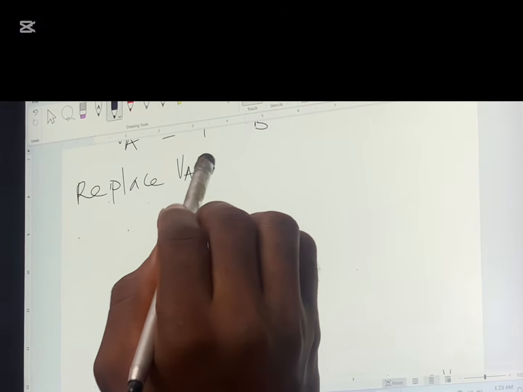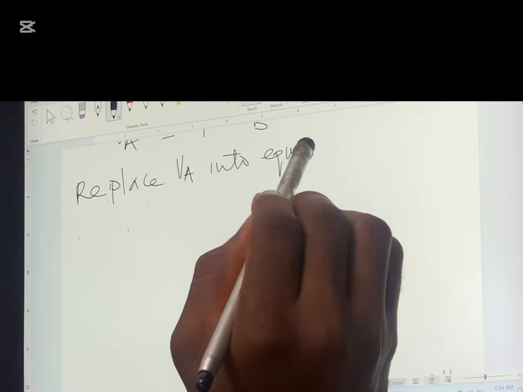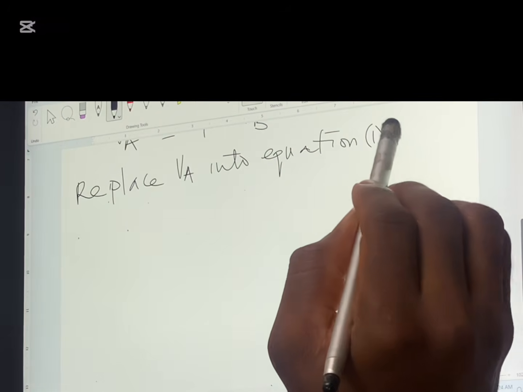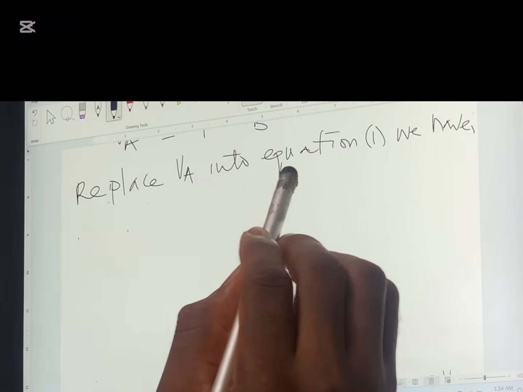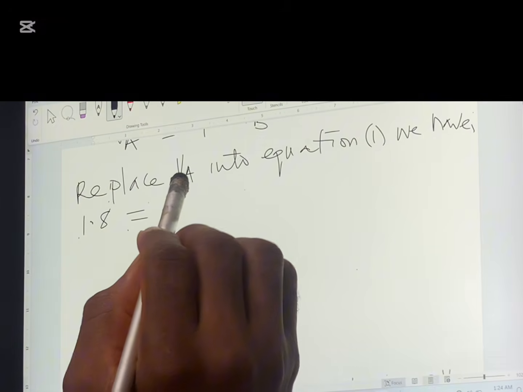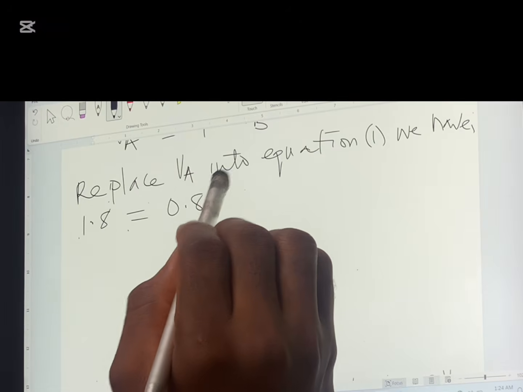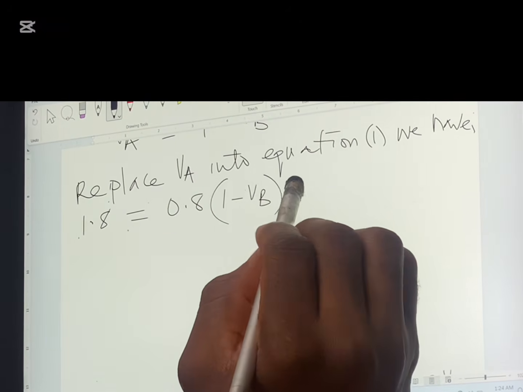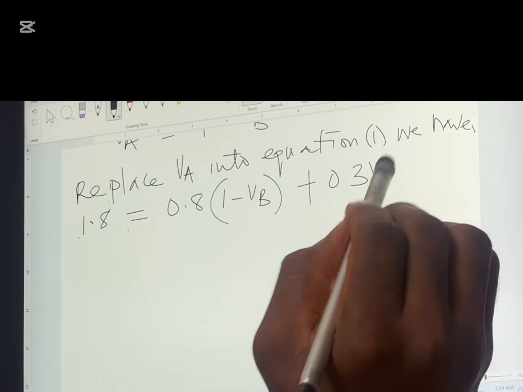We have 1.8, remember from equation 1, equals 0.8 into 1 minus VB plus 0.3 VB.